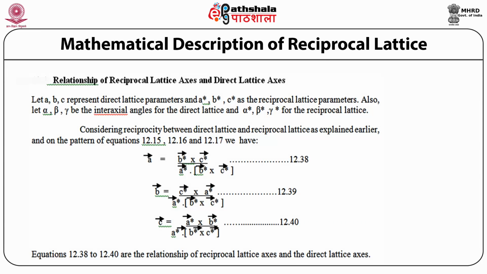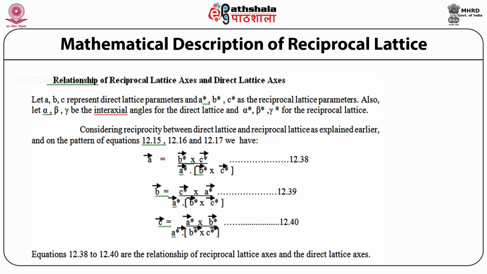Relationship of reciprocal lattice axes and direct lattice axes. Let a, b, c represent direct lattice parameters and a*, b*, c* the reciprocal lattice parameters. Also let alpha, beta, gamma be the interaxial angles for the direct lattice and alpha*, beta*, gamma* for the reciprocal lattice.